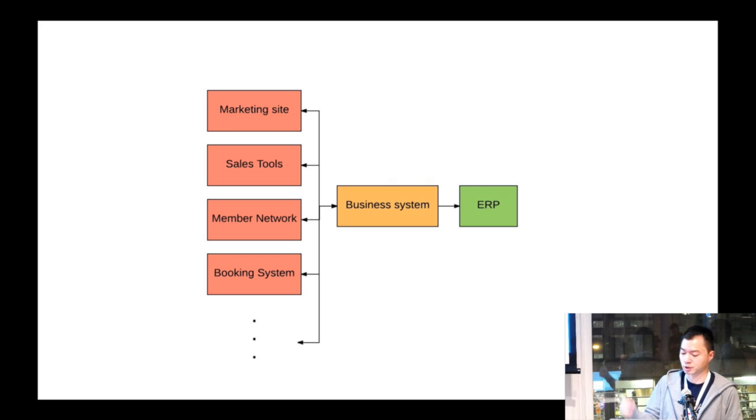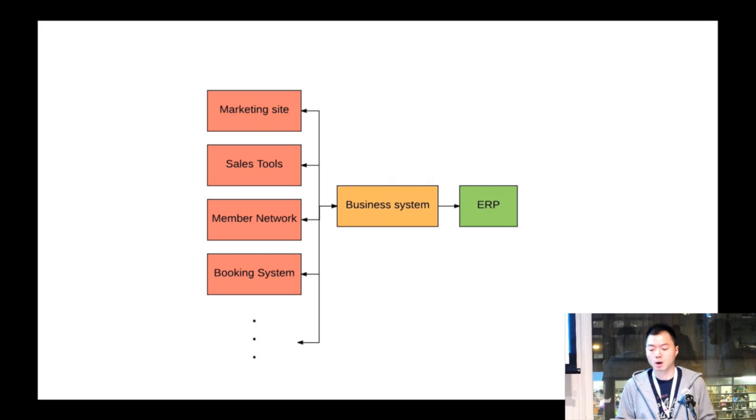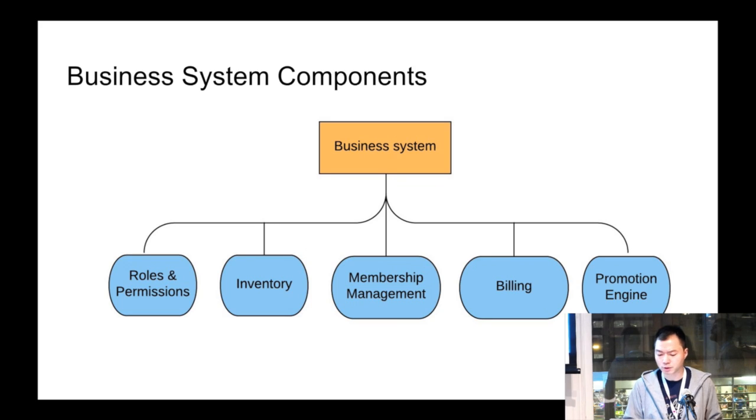Downstream there's the ERP where we do all the reconciliation. This business system has a couple of components: roles and permissions, it owns our inventory, and it manages the membership cycle and the billing and promotion engine.